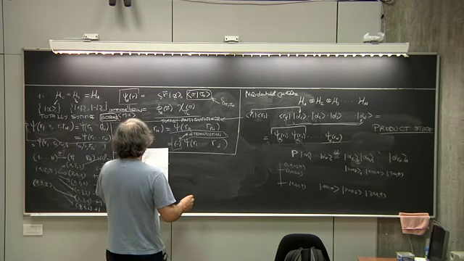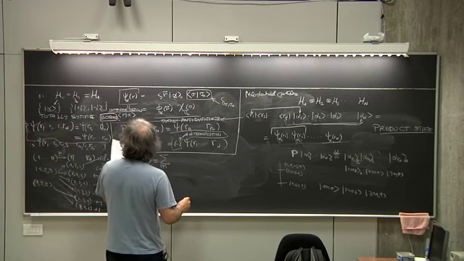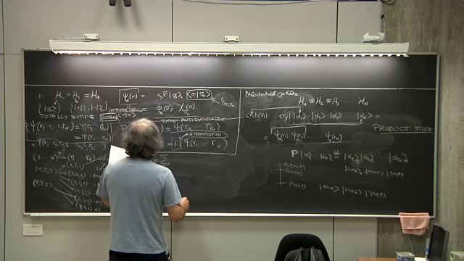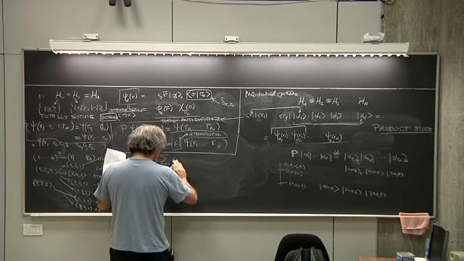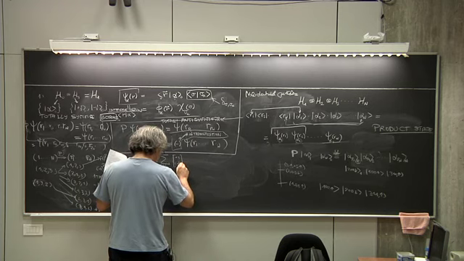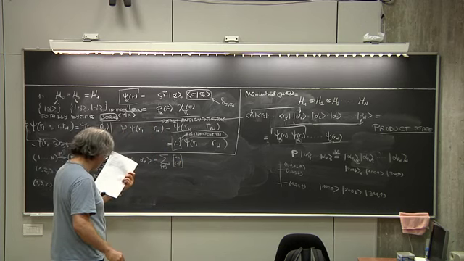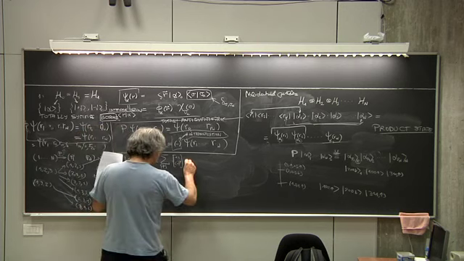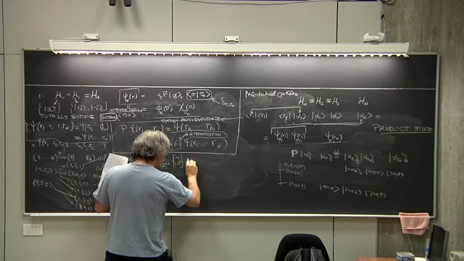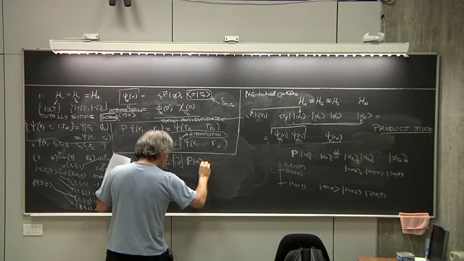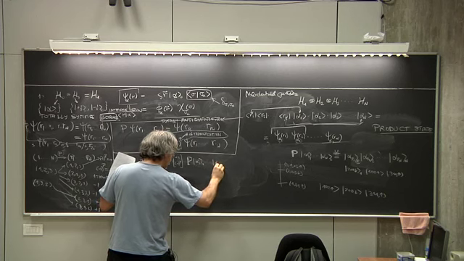Let me put here two possibilities. For the bosons, just a +1. For the fermions, a -1 to the p. And then I apply p, the fat p, to the state alpha 1, alpha n.